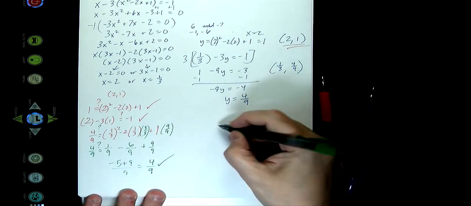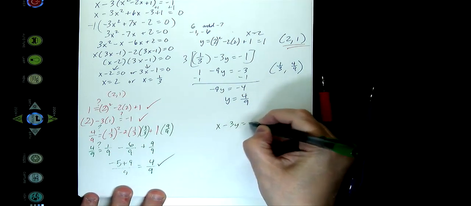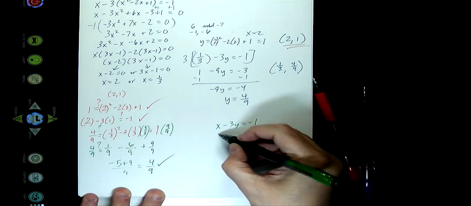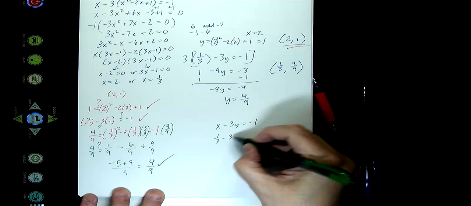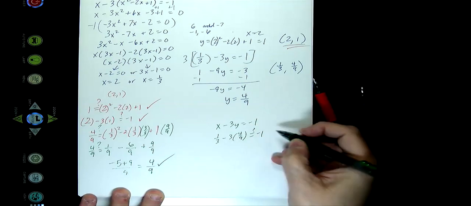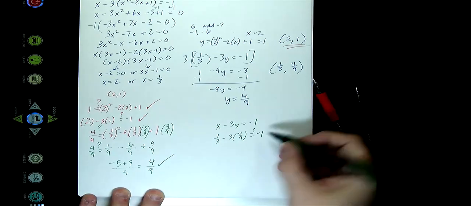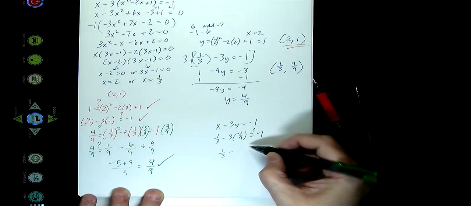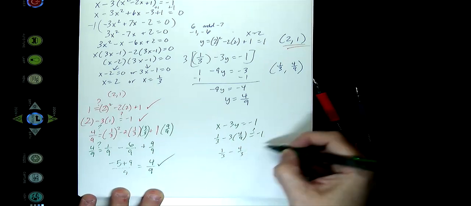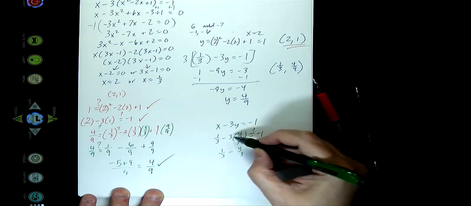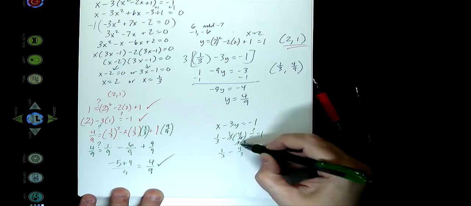And we'll plug it into the x minus 3y equals -1. I've got 1/3 minus 3 times 4/9. Does that equal -1? This is 1/3 minus 4/3, because 9 is 3 times 3, and I can cancel a 3.